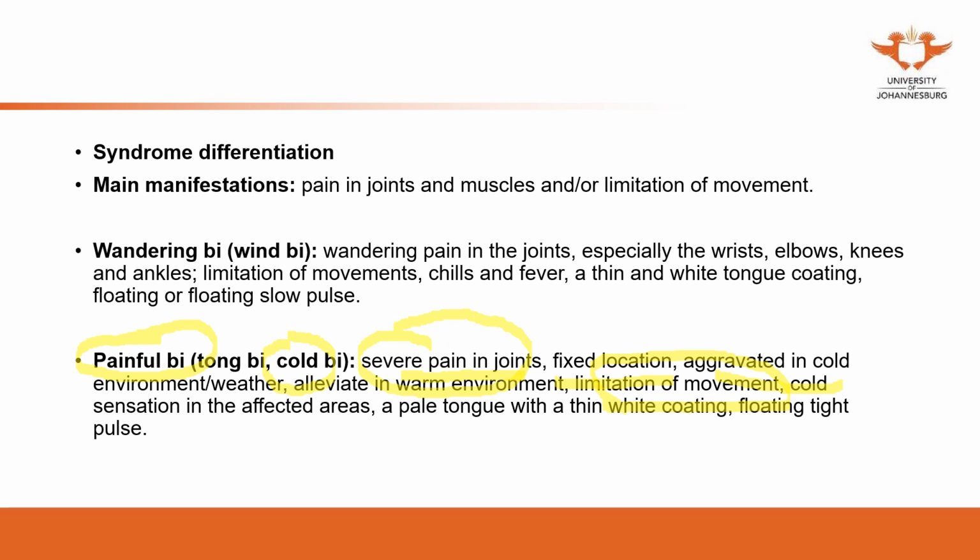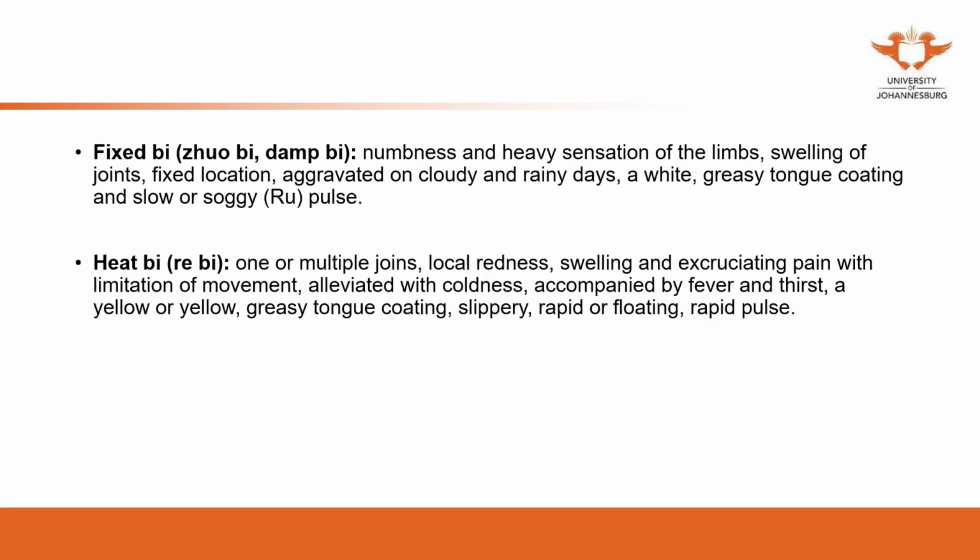That's one of the characteristics of coldness, the constriction. The cold sensation is also coldness. Pale tongue, it must be a pale tongue. It won't be a red tongue because of coldness. A thin white coating. Floating tight pulse, tight or floating tense pulse. That's due to coldness.